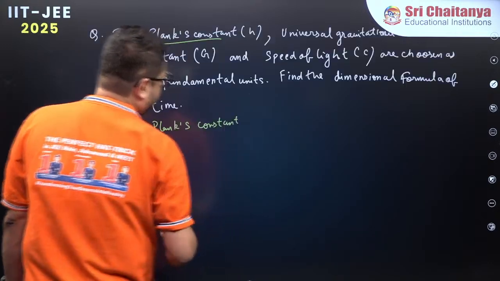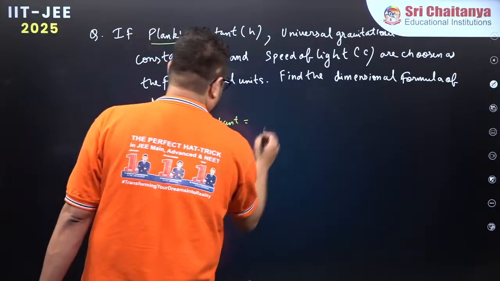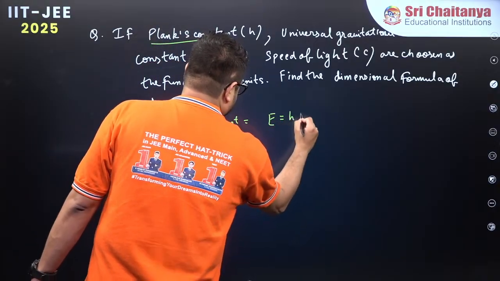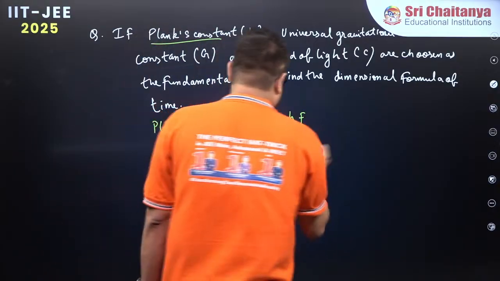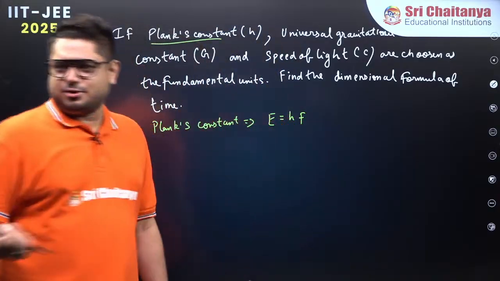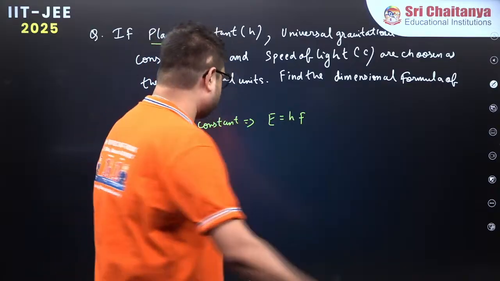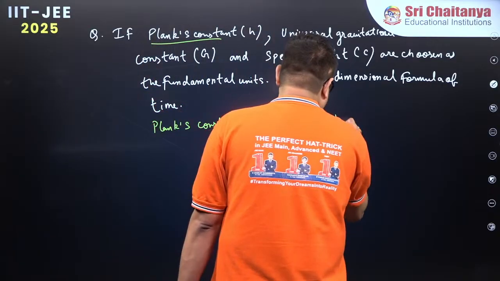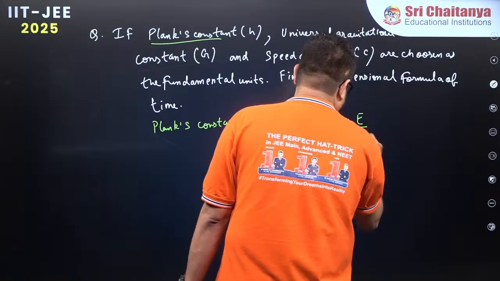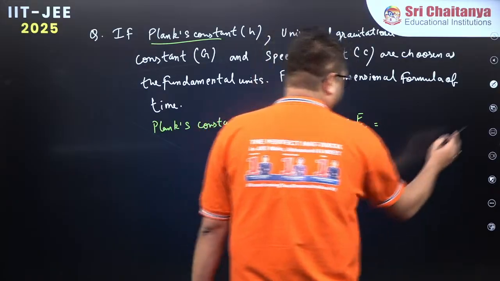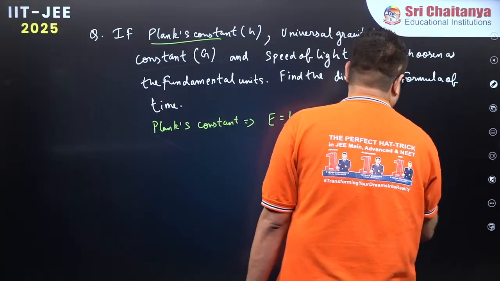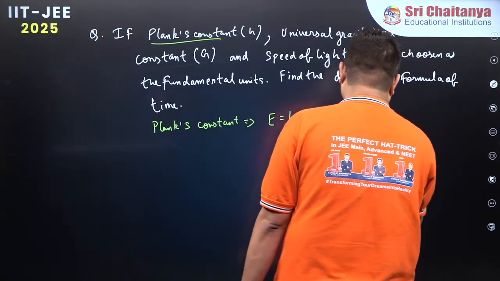You know the formula very well, that energy is hf, isn't it? Those who are able to get the answer can write it down in the chat box. So this h can be written as energy by frequency, where f stands for frequency. This is a previous year JEE advanced question, everyone.